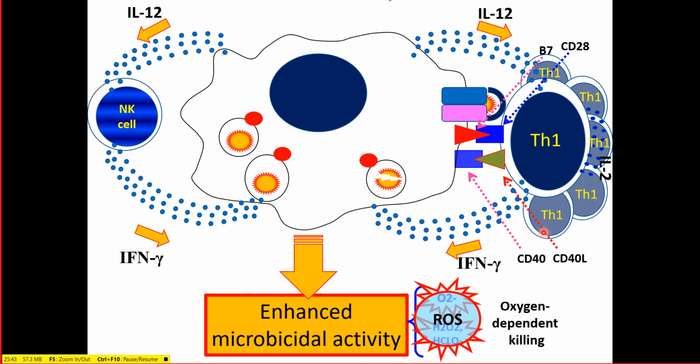It does not need to differentiate that much. Proliferation takes time. It needs 2 to 3 days for these T cells to proliferate. This guy doesn't need to proliferate. These guys need to differentiate. This doesn't need much differentiation. So it's quite fast. However, the help that it provides is not as effective as the help that is provided by T helper 1 cells.